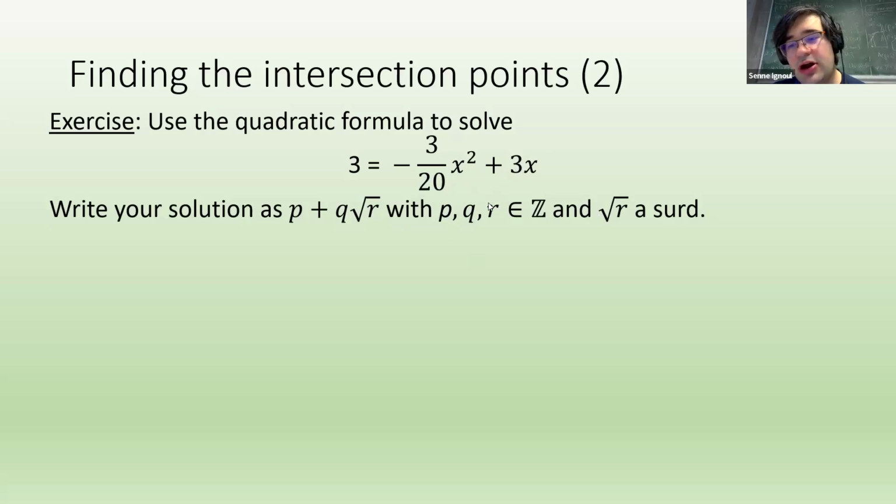So P, Q, and R are numbers of the form -2, -1, 0, 1, 2, 3, etc. That's all it means. It looks scary, I know, but nothing more than that. It's just nice integer numbers. But first and foremost, try to solve the quadratic equation, and then the second part comes after.